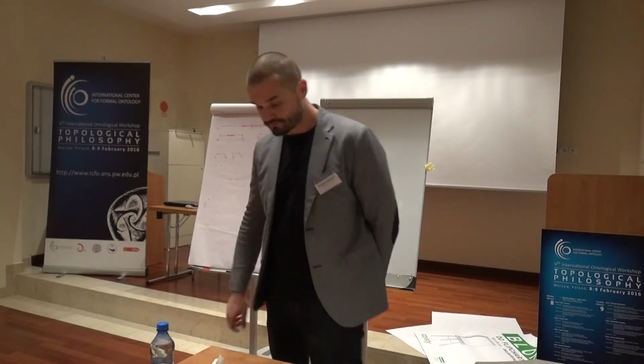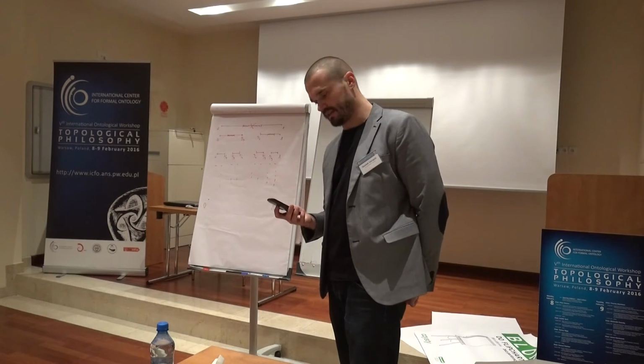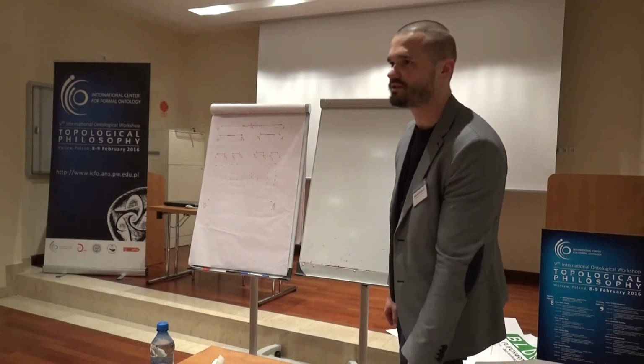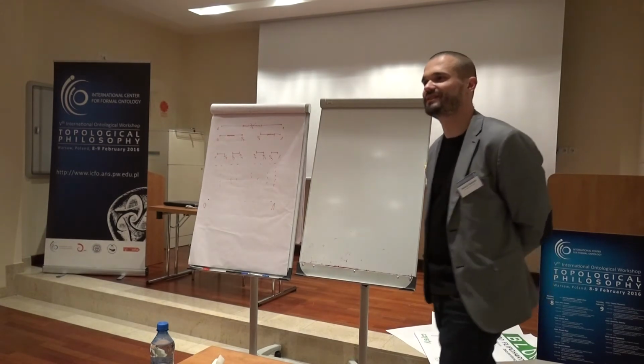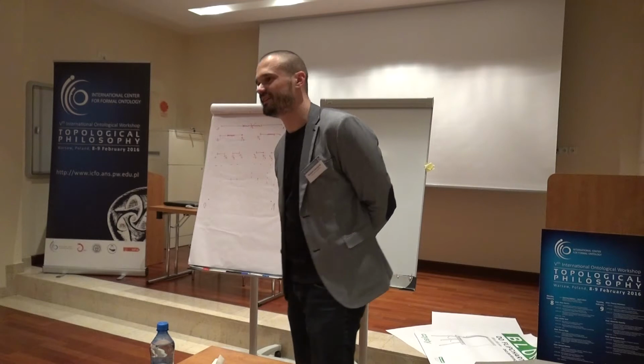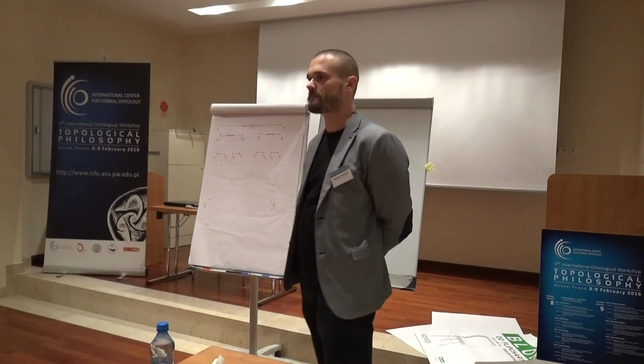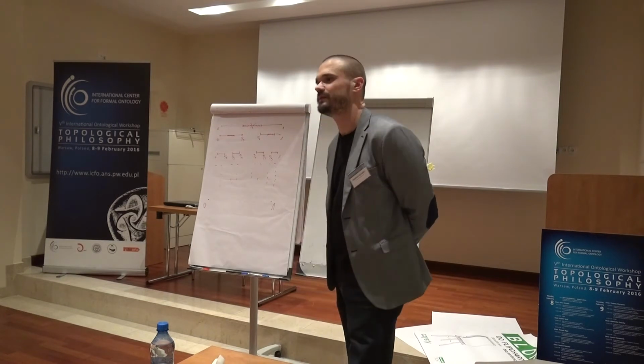We have 15 minutes left. So do you have any general questions or remarks? I have a very general question. In the beginning you were talking about some topological properties, like the number of holes or number of knots, and also the orientation and so on.